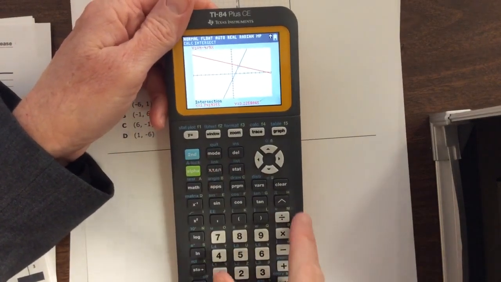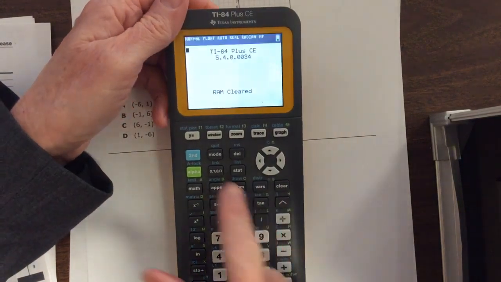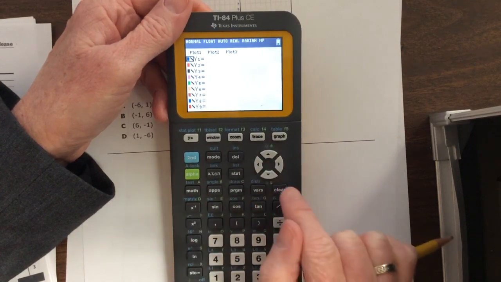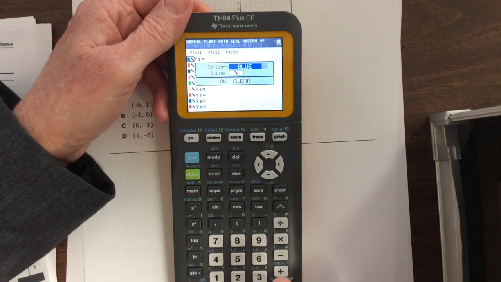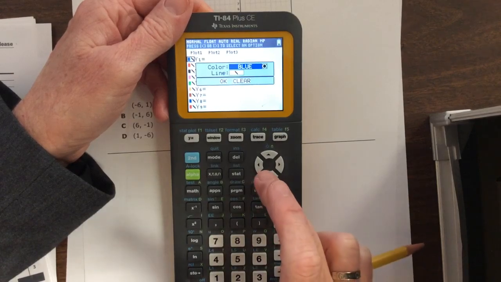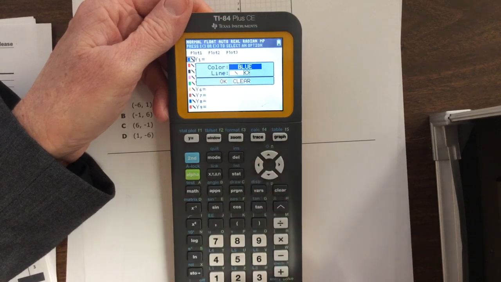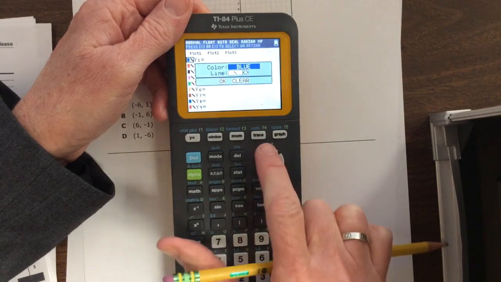Let's clear that out. Let's hit y equals. And I'm going to go over here, and I'm going to change this thing. Let's see if I can remember. We don't need the color, we need this. And we have a greater than, let's go back up.